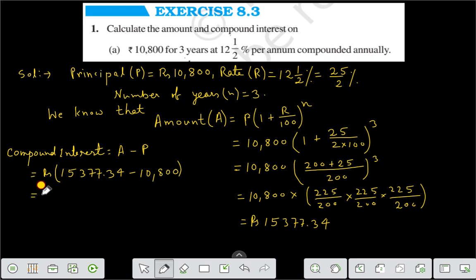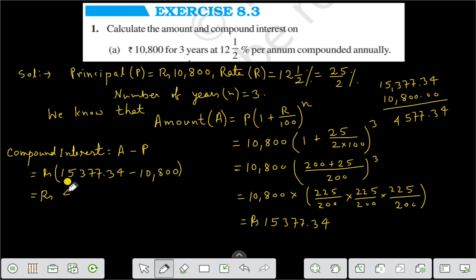That means we are getting rupees. If we subtract this one, that is 15,377.34 minus 10,800, we subtract and we are getting 4,577.34.